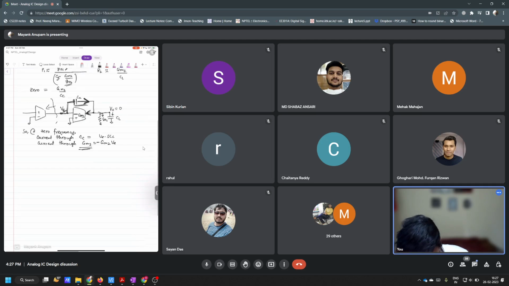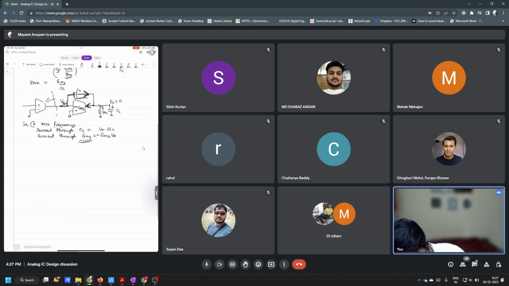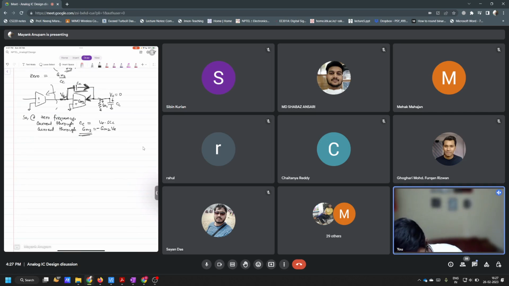Fine. And from here we see that these two currents will be equal at the point where the zero happens. So at zero frequency, VE times SCC has to be equal to GM2 times VE, isn't it? So that is why we get the location of zero like this.